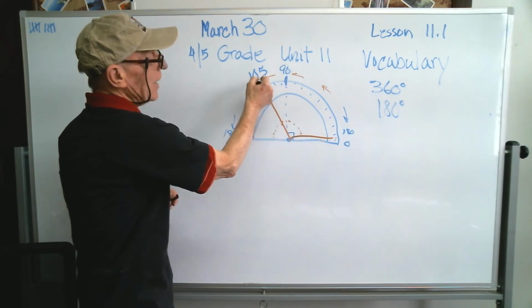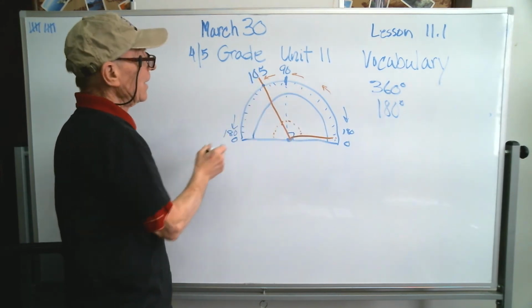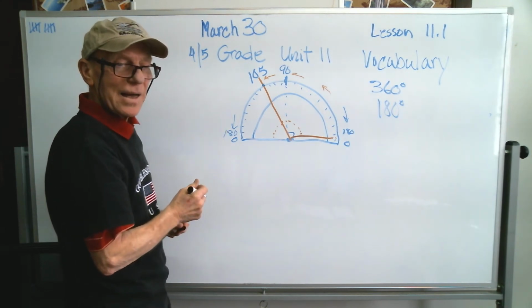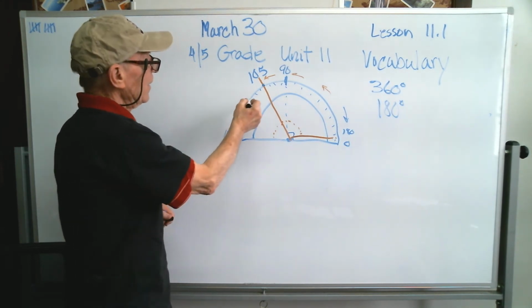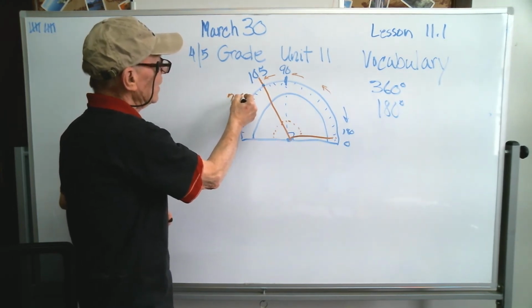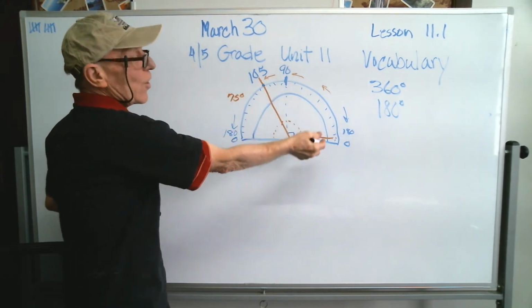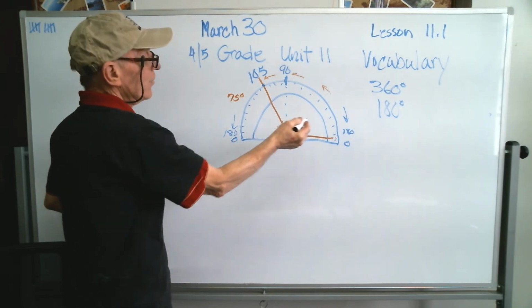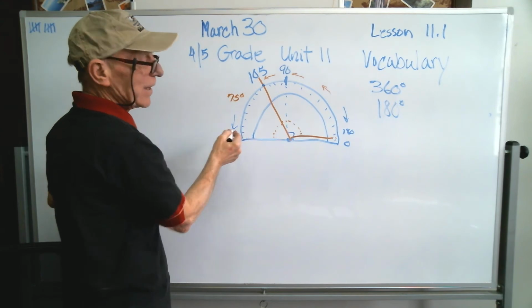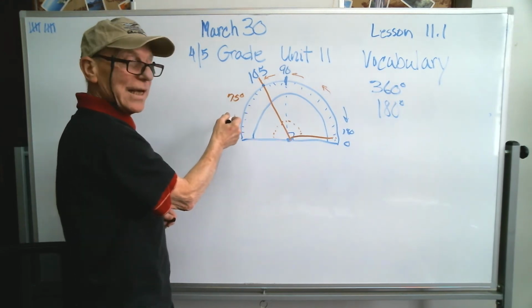Now, by the way, if this is 105 degrees from here to here, then from here to here would be 180 minus 105. This distance here would then be 75 degrees because it has to total 180. So if it's 105 to there, another 75 degrees will take you to 180.